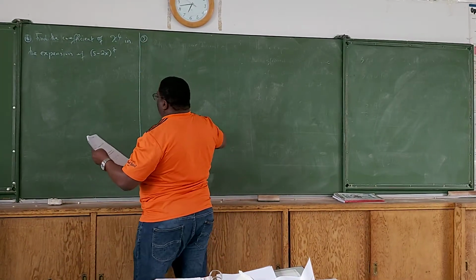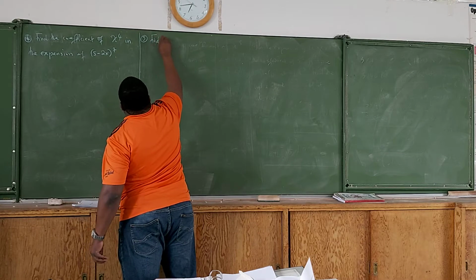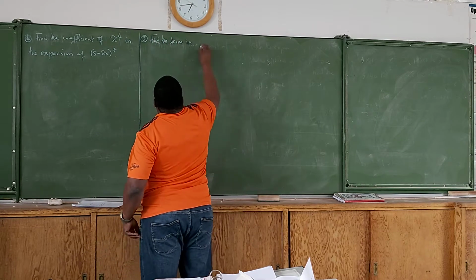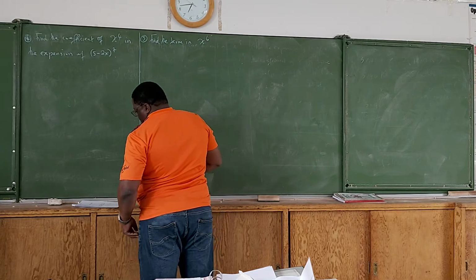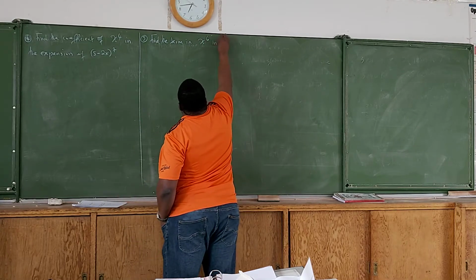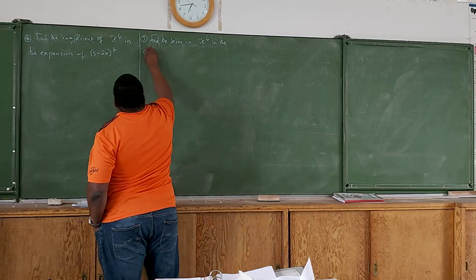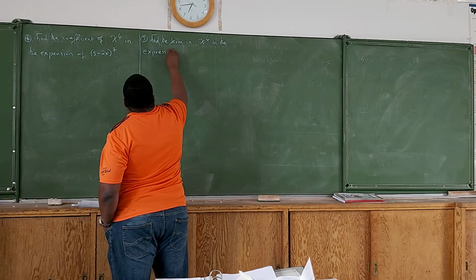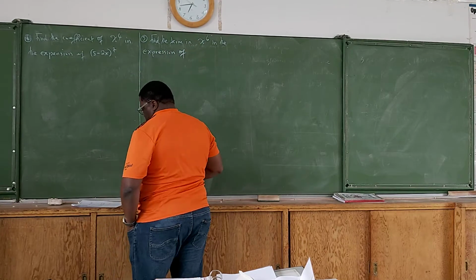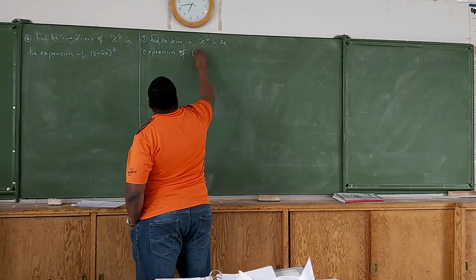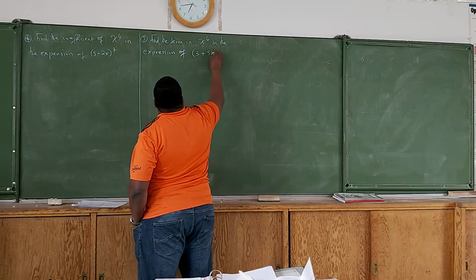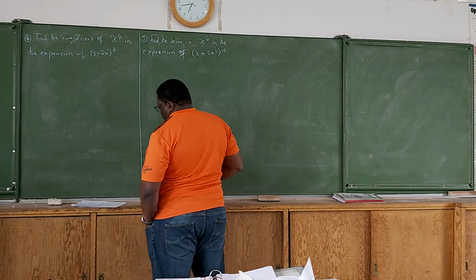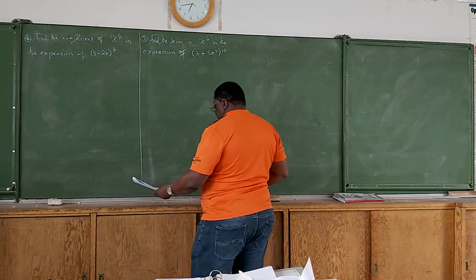Find the term in x to the 6th in the expansion of (3 plus 5x squared) raised to the power of 10. There's a little bit of a trick there.